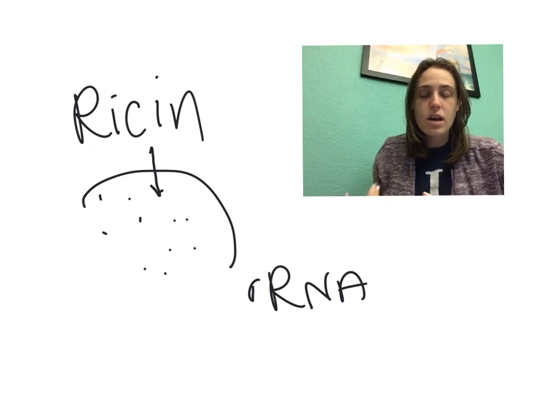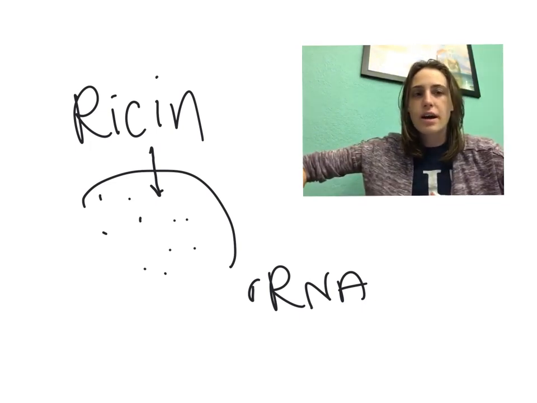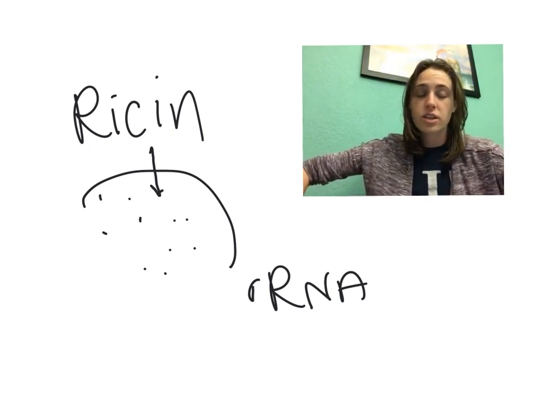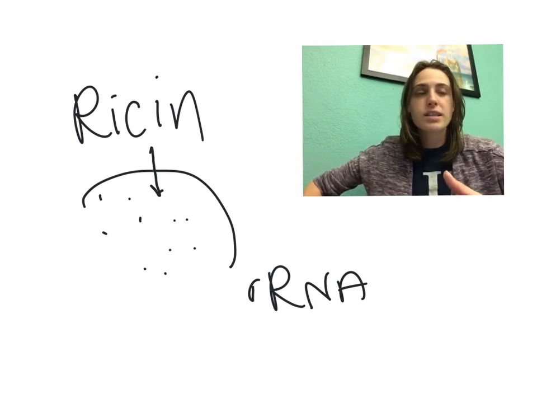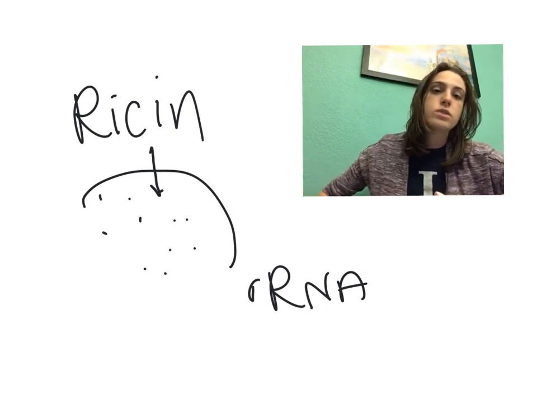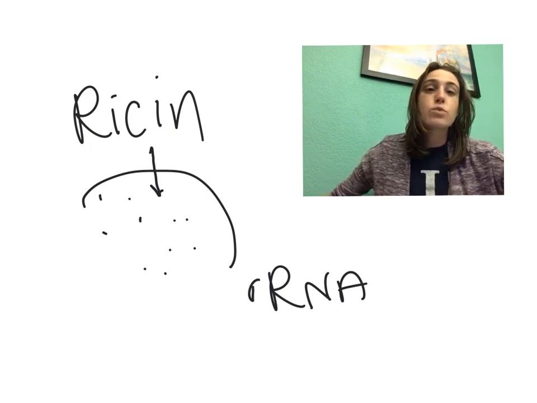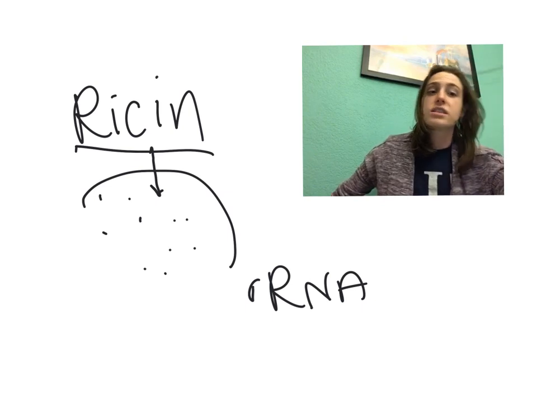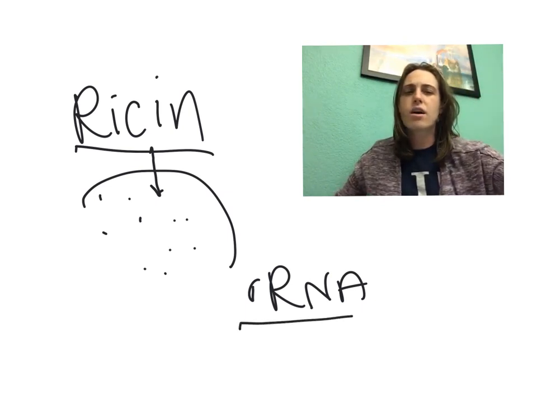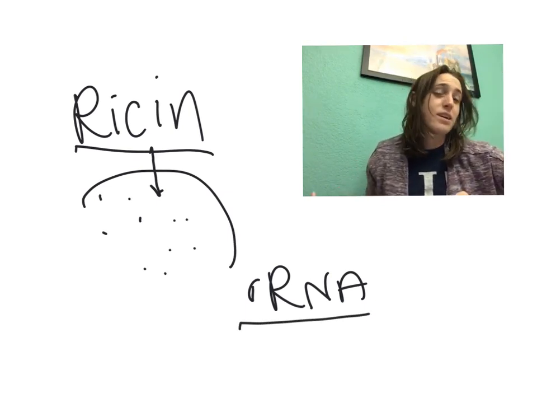Without proteins, the whole thing will shut down. All of these cells will shut down. They can't make their proteins, they can't send messages, they can't do daily functions. So that's why ricin can be so incredibly deadly, because it enters into the cells and binds with that rRNA, which makes them not able to work.